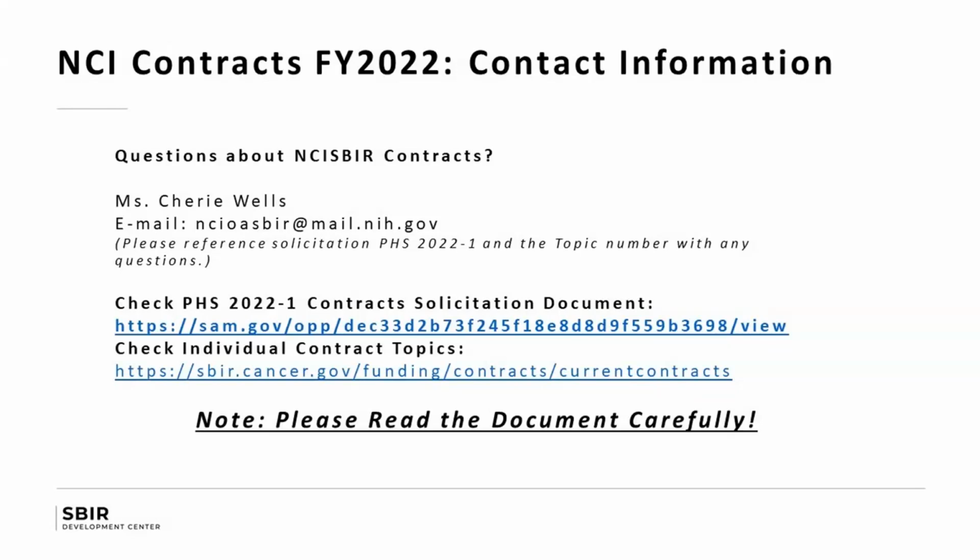In this case, I would suggest if you have a specific question about a specific topic, please send an email to nciosbir@mail.nih.gov. Reference the solicitation number and the contract topic number with that question, so that it would be replied to by a correct expert in that field.